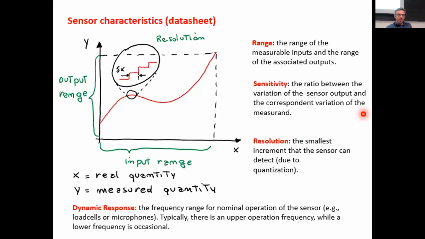And the last one is the dynamic response, which is the frequency range for the nominal operating condition of the sensor. For example, think about a microphone, which has a range of frequency it is sensitive to, and also a load cell. There are some load cells that are cheaper. When I talk about load cells, they are sensors to measure force. They cannot detect, for example, very fast impacts or spikes.